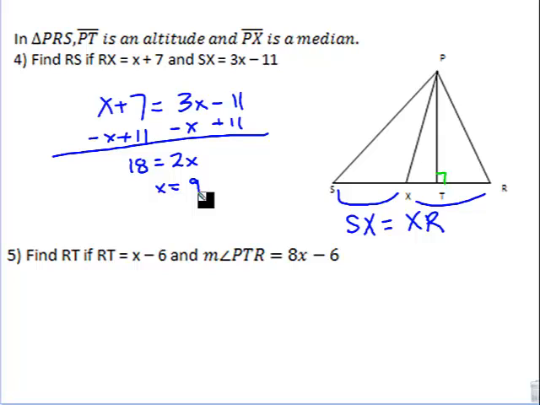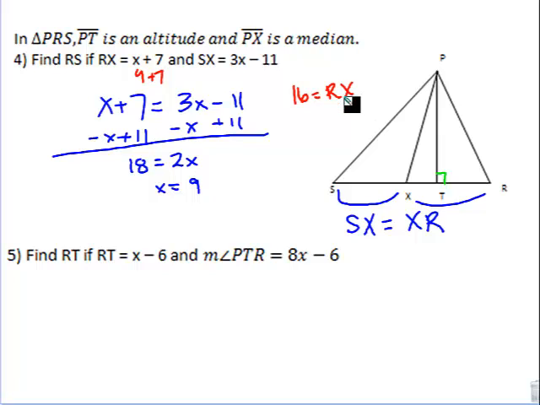But when we look at our problem, we want to find out what RS is. So to find RS, we're going to have to plug our 9 back in. Well, if I plug 9 back into RX, which is x plus 7, so 9 plus 7, which is 16. So RX is equal to 16.